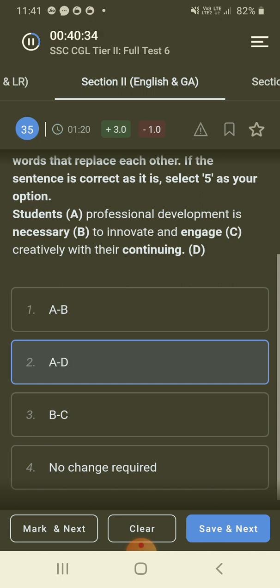B, C. Student professional development is engaged to innovate and necessary creativity.